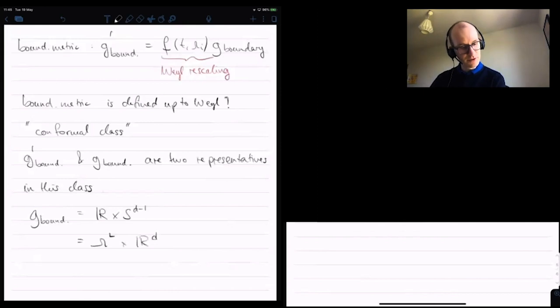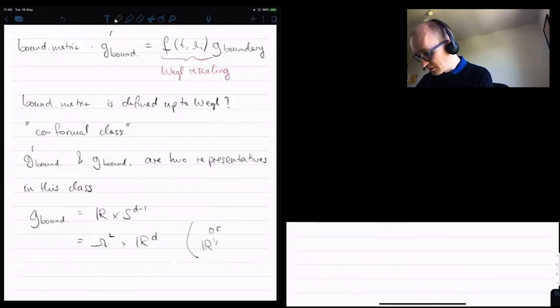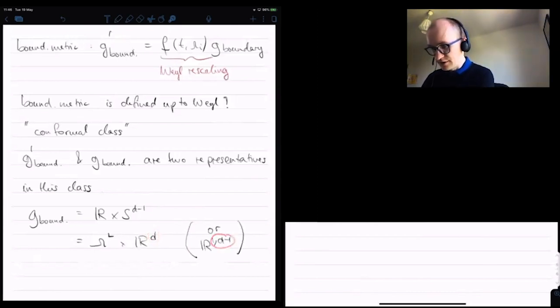We will see precisely what that rescaling is. Well, let me just make that remark, or we could have also said R^(1,d-1). So the difference is that either I'm in Minkowskian signature when I have R^d, or I'm in Lorentzian signature, which is actually the signature that we've mostly worked with, in which case you have R^(1,d-1).